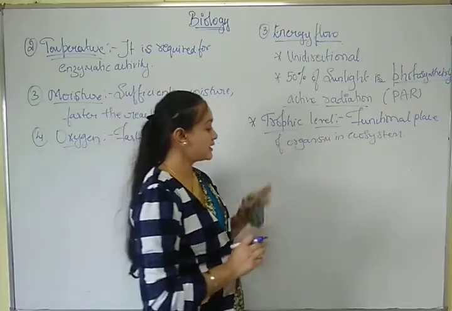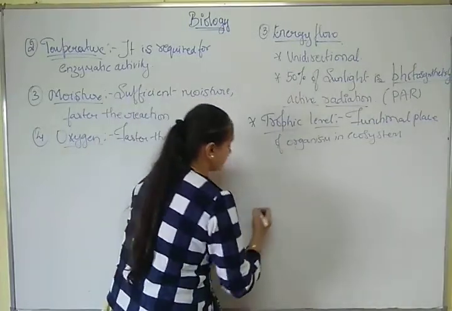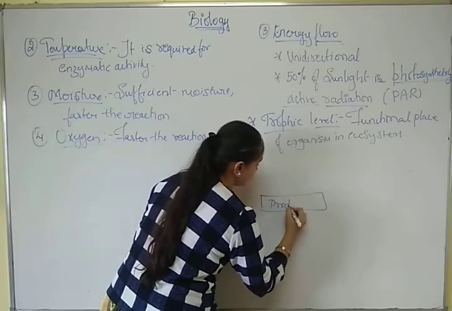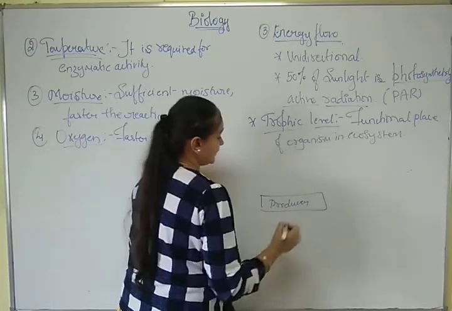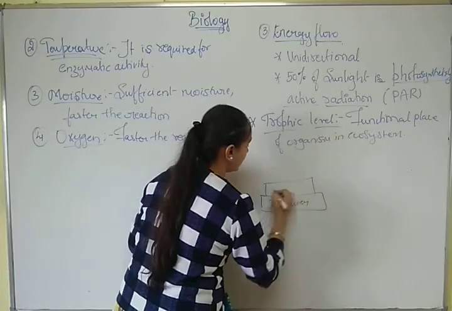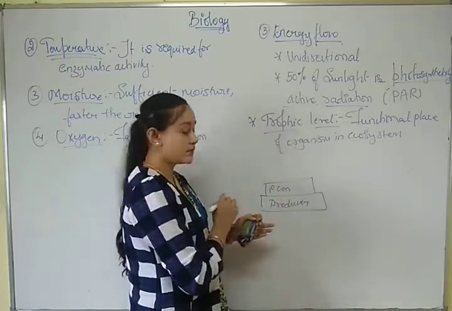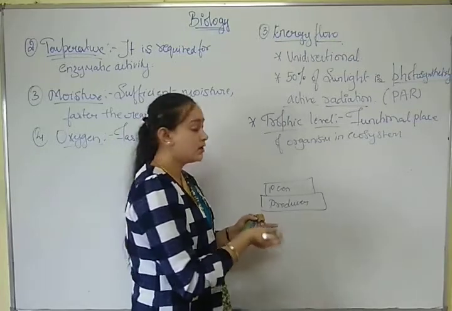To understand this, the first trophic level is the producers. It is followed by the primary consumers, the organisms which directly feed on the producers.